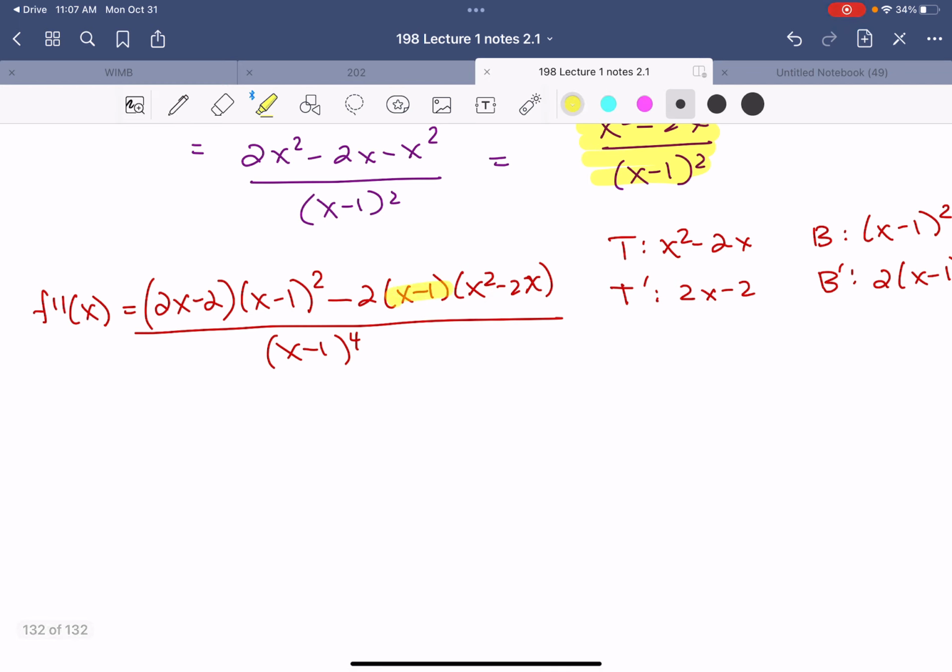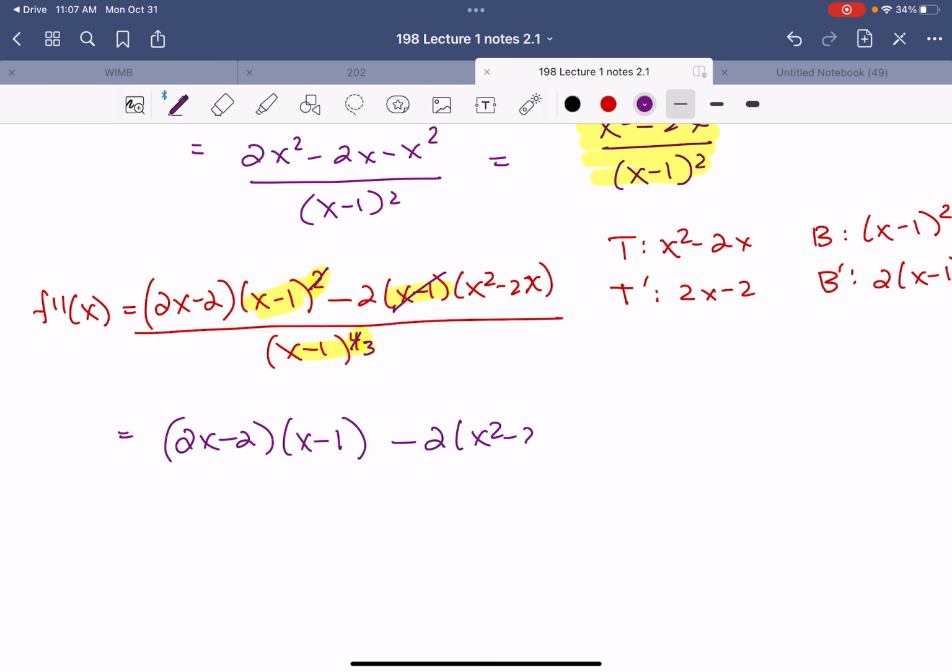Now, you do have one of these in each position, right? And so you can cancel one of them. That's going to leave me with (2x minus 2) times (x minus 1) minus 2 times (x squared minus 2x), all over (x minus 1) cubed.